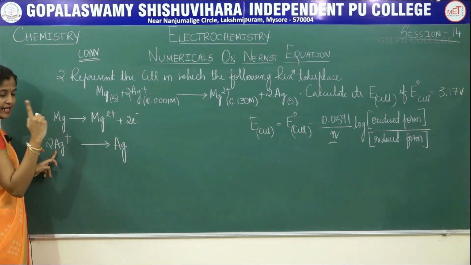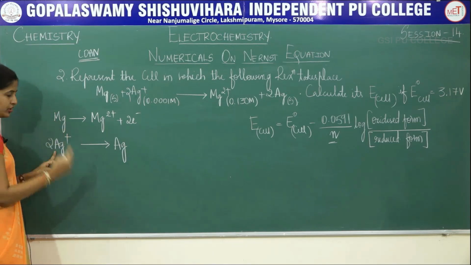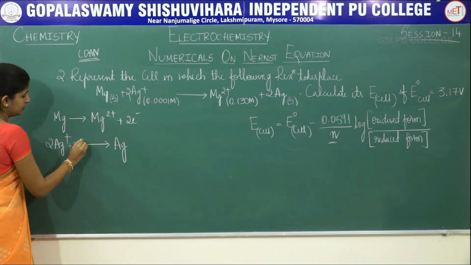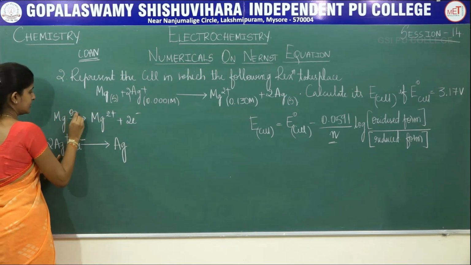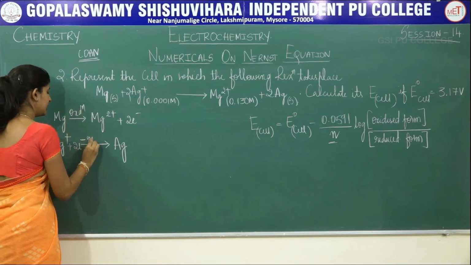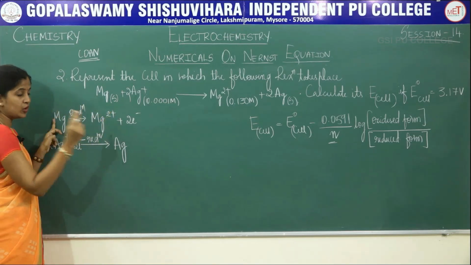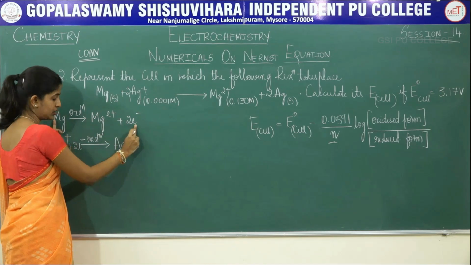Ag+ means 1 electron, into 2 means 2 electrons. This is your oxidation, this is your reduction. In oxidation, magnesium 2+ means you have removed 2 electrons.